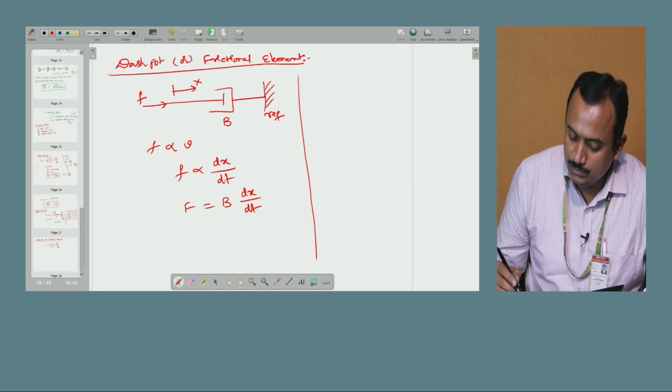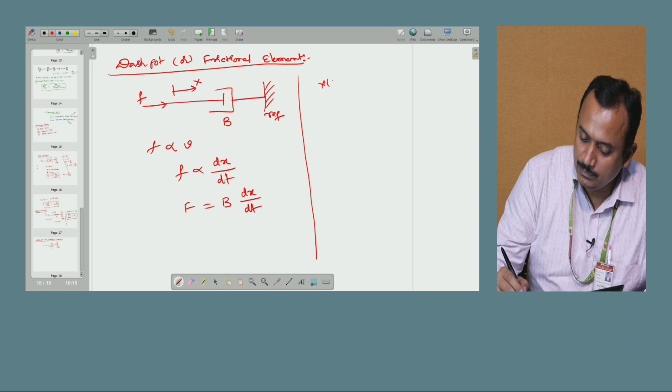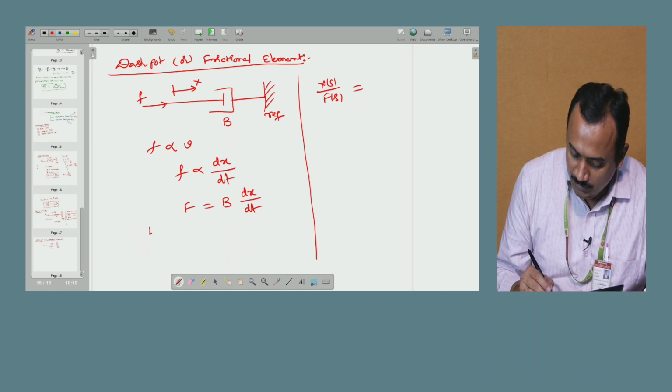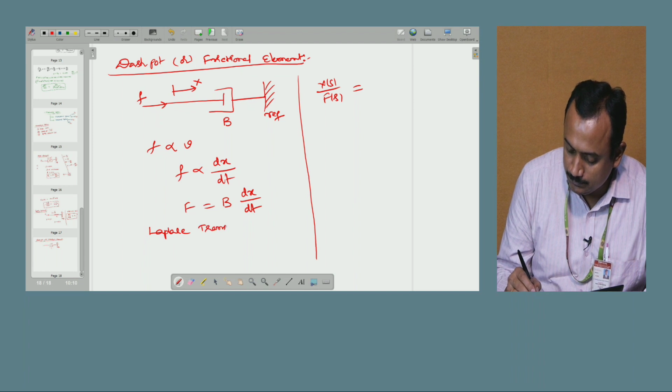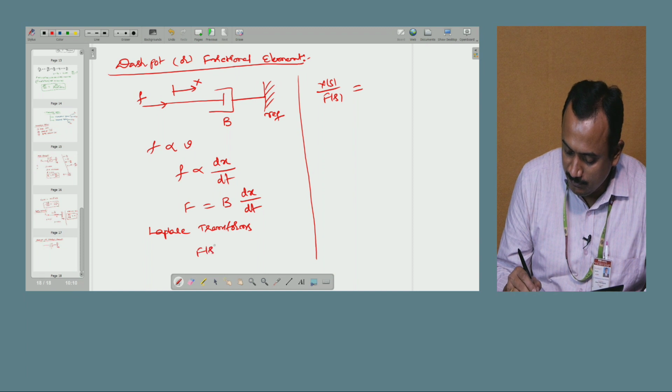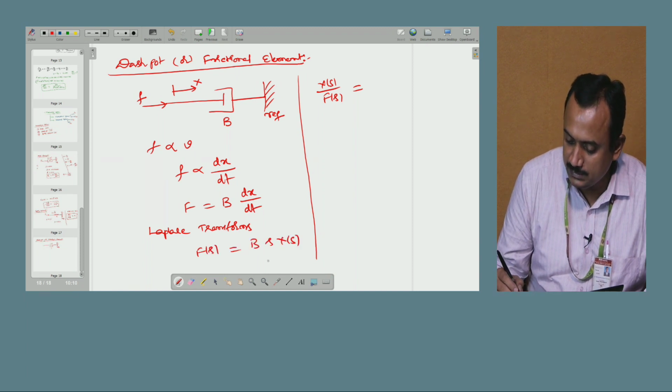Now what will I do? I need the value of X(s) by F(s). For that, I need to go for the Laplace transforms. Applying Laplace transforms on both sides, I get F(s) is equal to b into s into X(s).